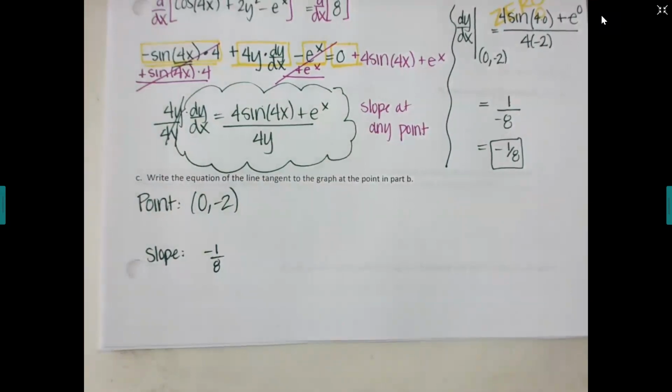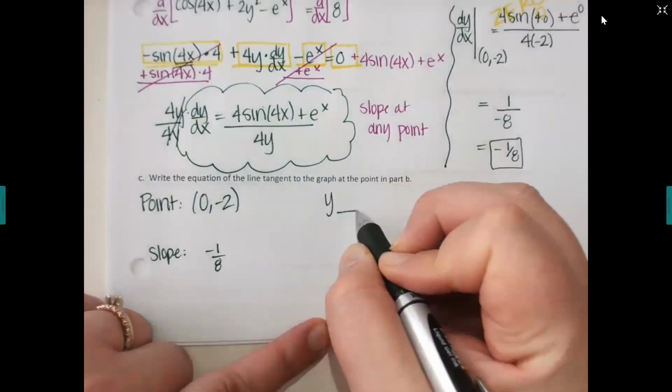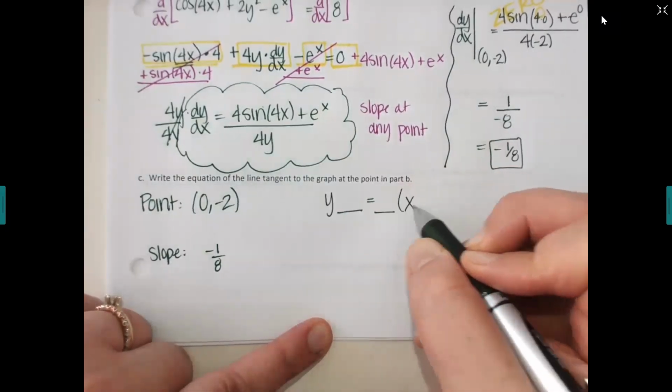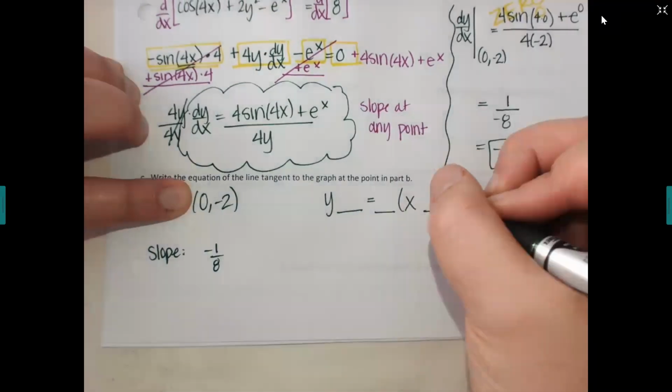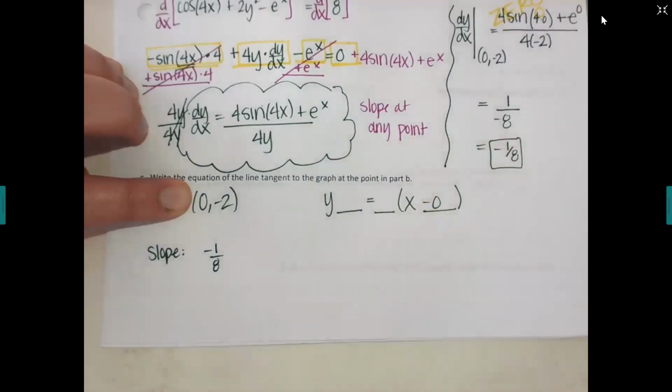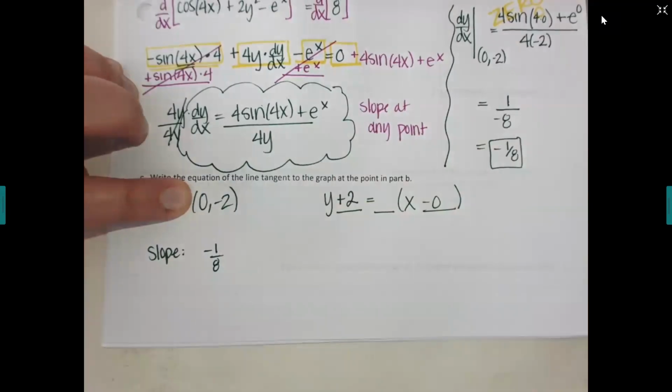So put y blank equals blank x blank. Into the blanks, we're going to put the x and y values and the slope. My x value was a 0, so I'm going to put -0. My y value was a -2, so I'm going to put +2.